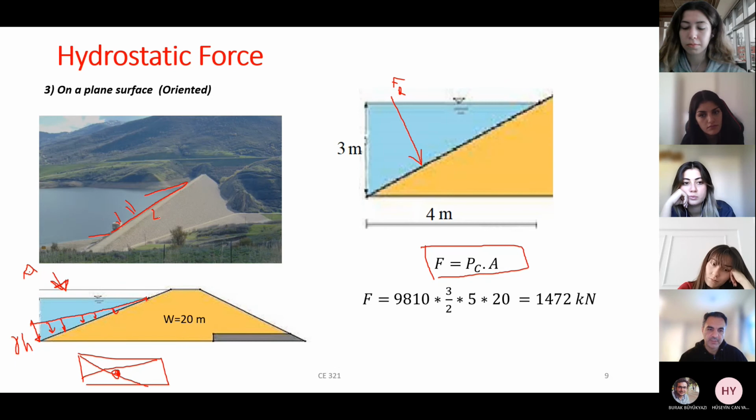The width is 20 meters, as you see here, and I should multiply it by this length. If this side is 3 and this side is 4, therefore this side should be 5, and my area equals 5 times 20, and the resultant force will be this value.